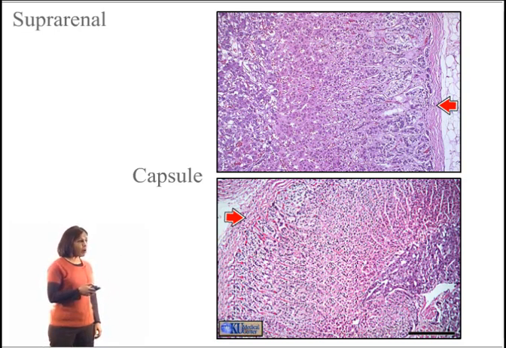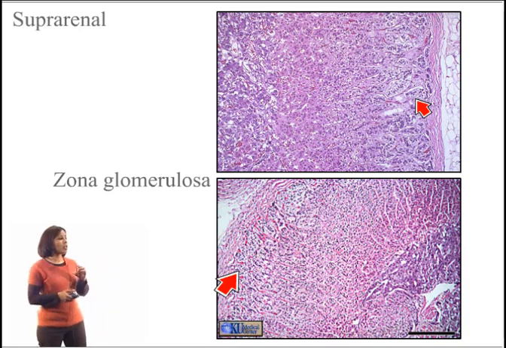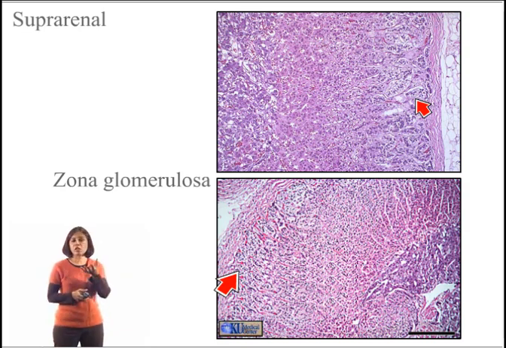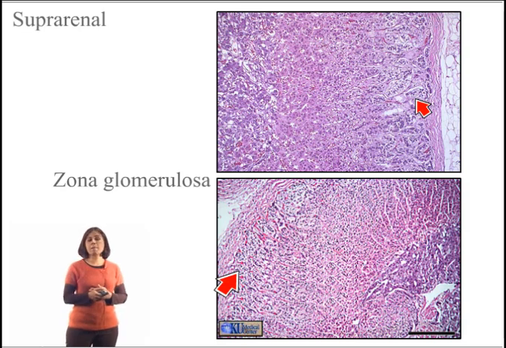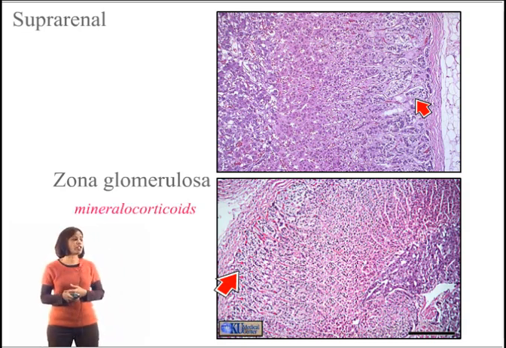And right next to the capsule, the first layer you see is the zona glomerulosa. And the zona glomerulosa consists of cells which arrange themselves in a ball-like fashion, much like the glomerulus of the kidney. And this zone produces mineralocorticoids, of which aldosterone is the main one that you learn about.